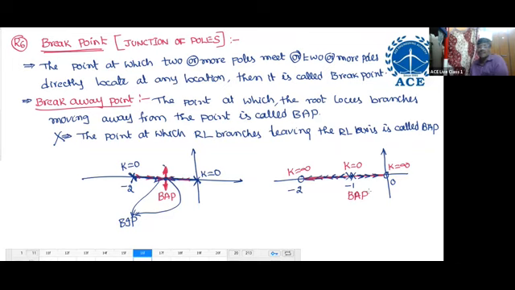Breakaway point means the point at which root locus branches move away from the point is called breakaway point. What is the break-in point?